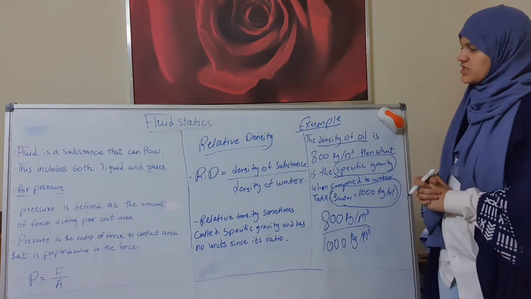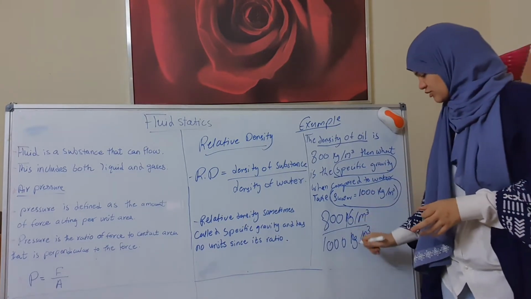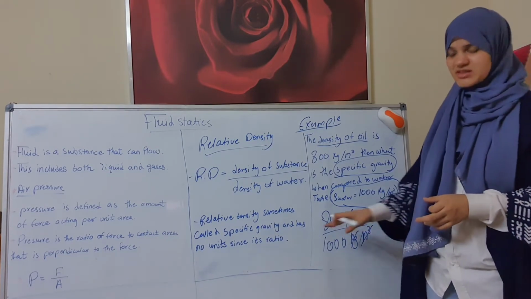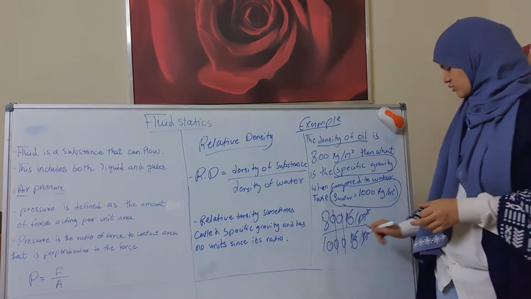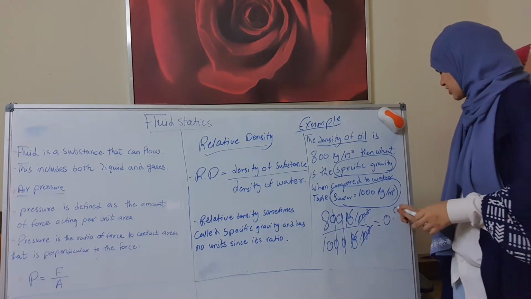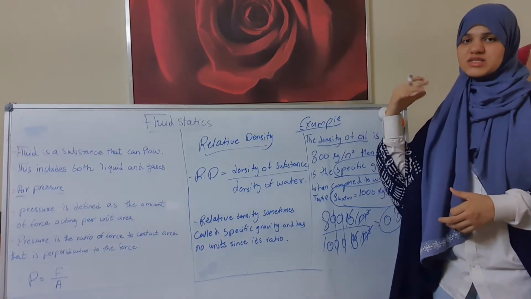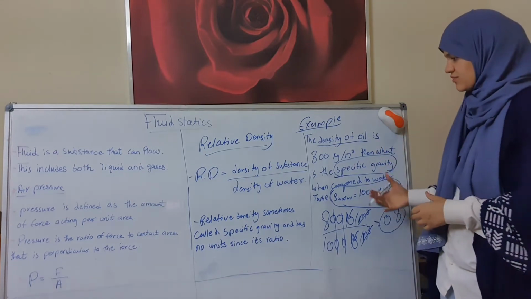As we said before, relative density does not have a unit, so kilogram cancels kilogram, meter cube cancels meter cube. Then what's left is 800 over 1000. Zero by zero, then 8 over 10, which is equal to 0.8. The relative density of the substance, which is oil, over water is equal to 0.8.